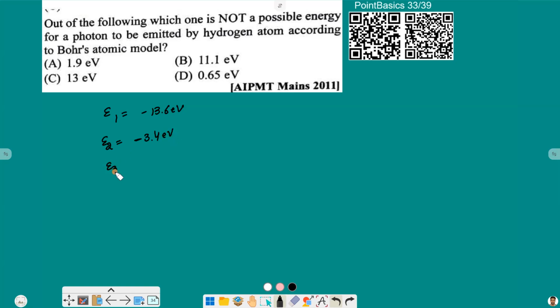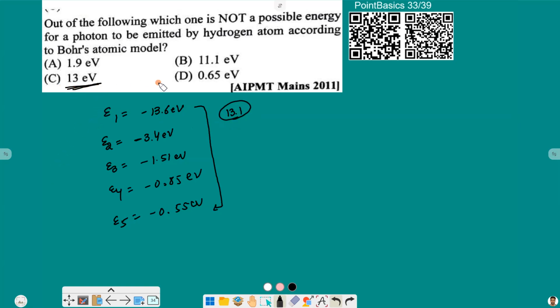For the third level, we have minus 1.51 electron volt. For the fourth level, we have minus 0.85 electron volt. And E5 will be minus 0.55 electron volt. Now, if we take the transition between the first and fifth level, that will be approximately equal to 13.1. So we can say option C might be possible.